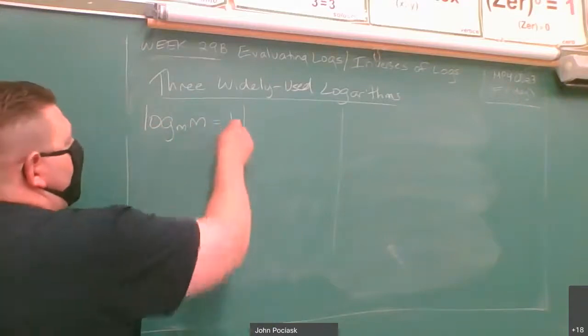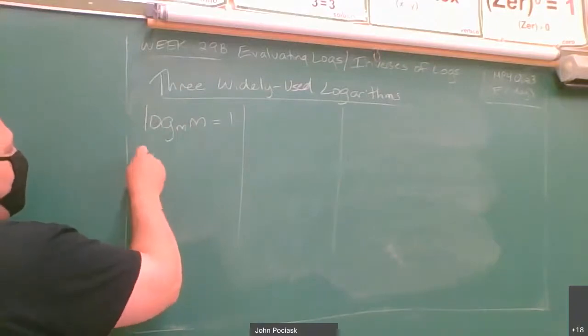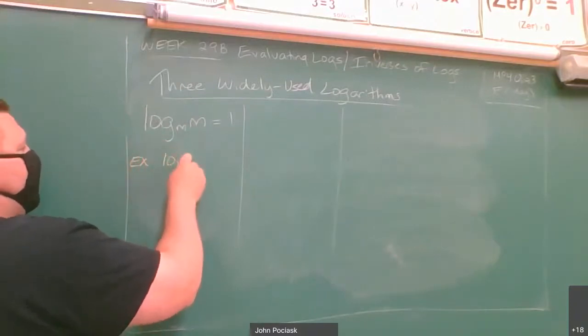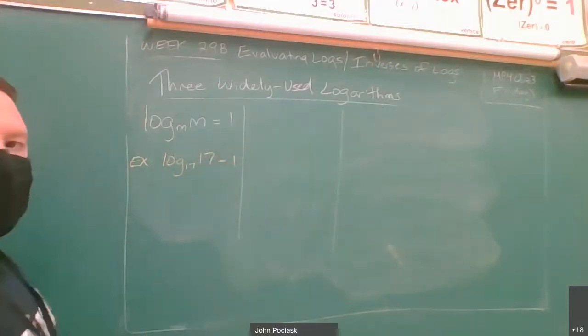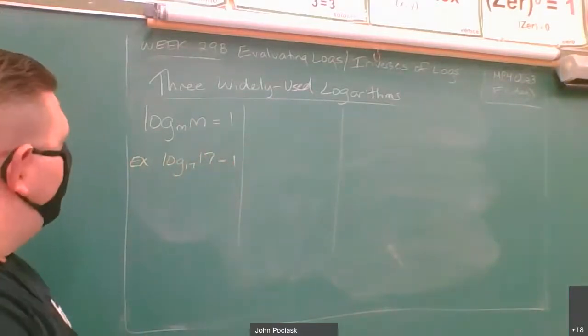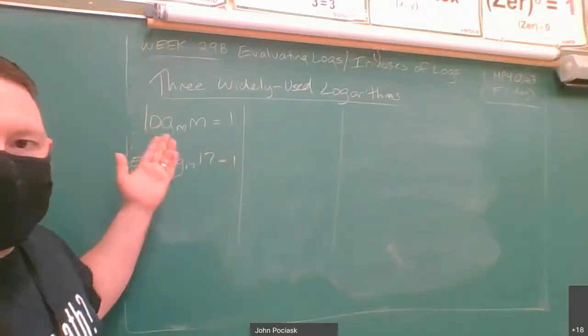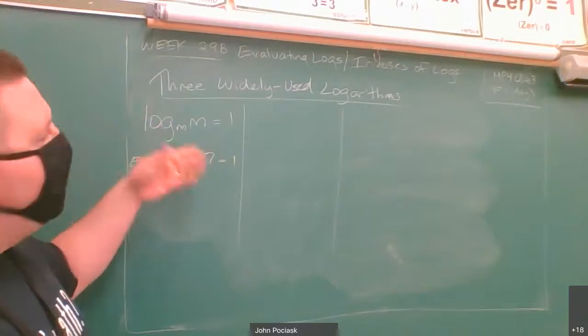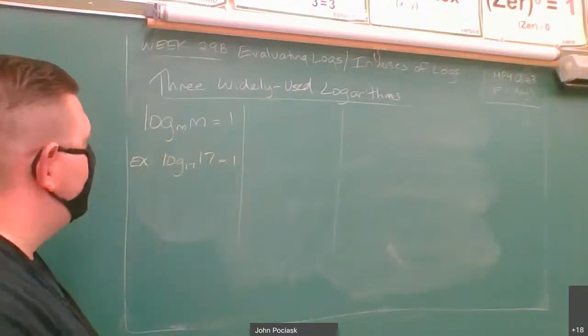So if you had, let's say, the log base 17 of 17 equals 1. Again, you can't defy the definition. You can't use negative numbers because we talked about that last time. The base of the logarithm has to be positive. The base can't be 1. All those rules are still in effect.